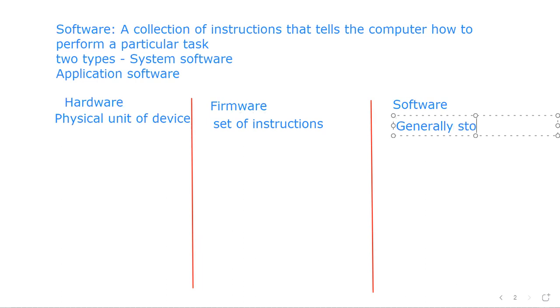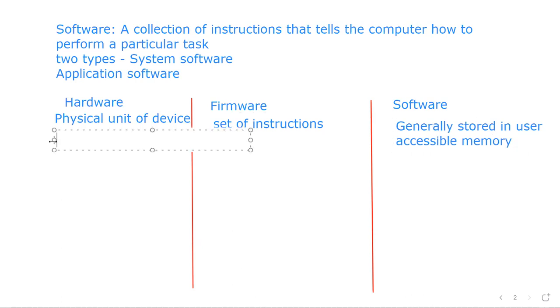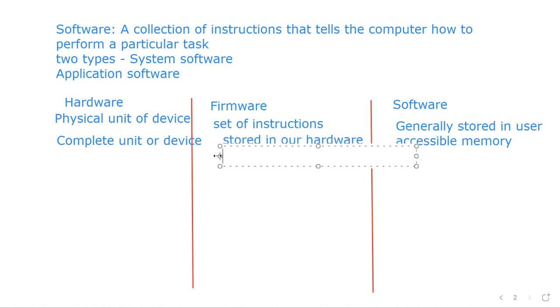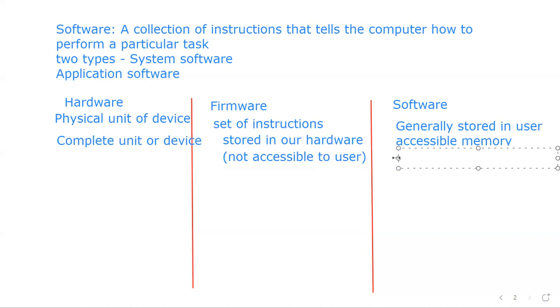Third, hardware is a complete unit or device, while firmware is stored in our hardware and is not accessible to the user. Software can be changed constantly.